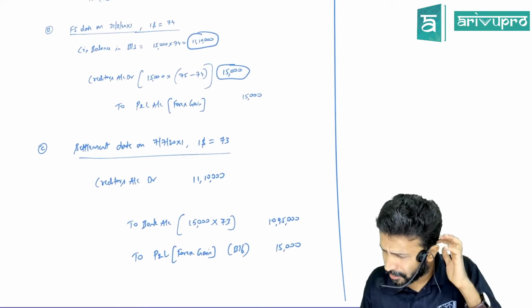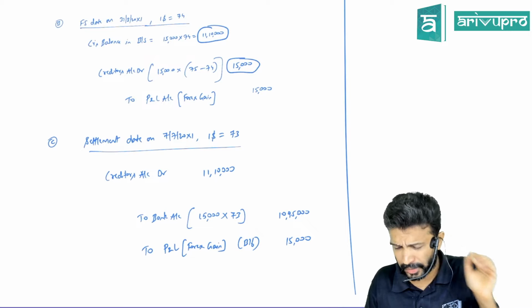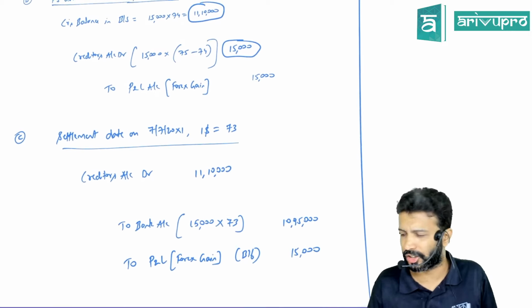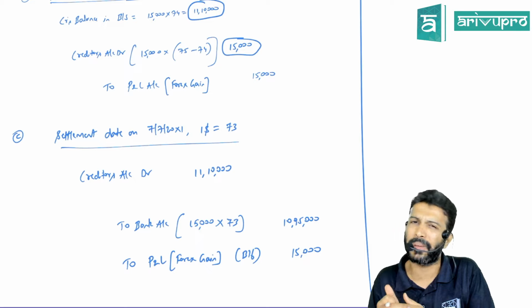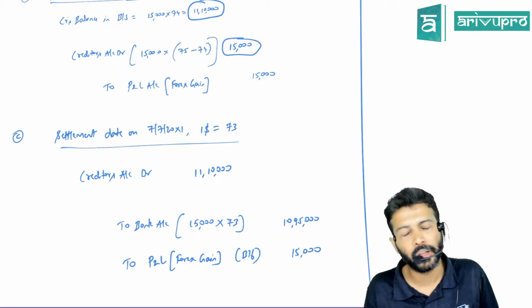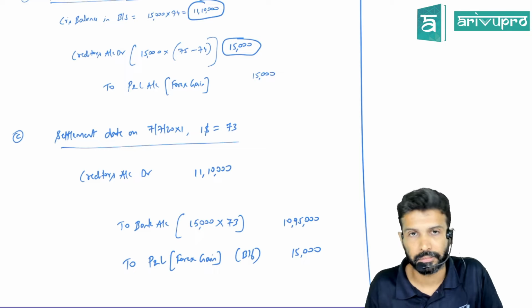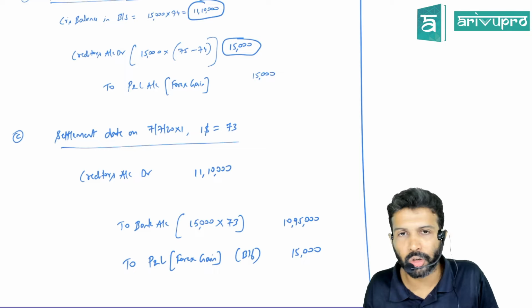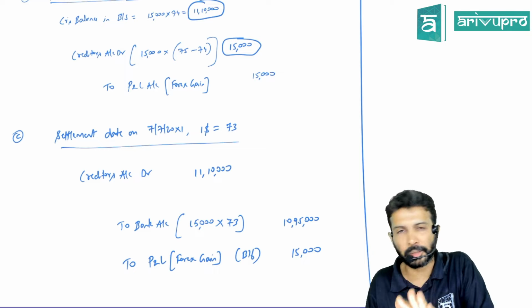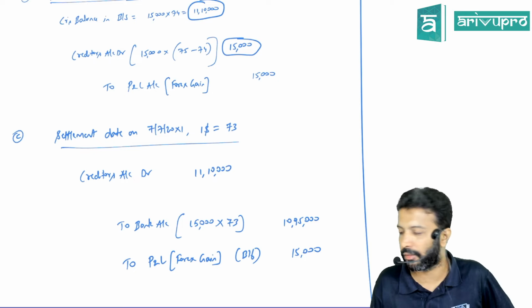Now, forex gain, very different. It may not be extraordinary income, because if you're dealing with foreign currency items, that is part and parcel of your business. So it will not be extraordinary. It may be an exceptional item, if it's once in a blue moon, but it may not be extraordinary in my view.